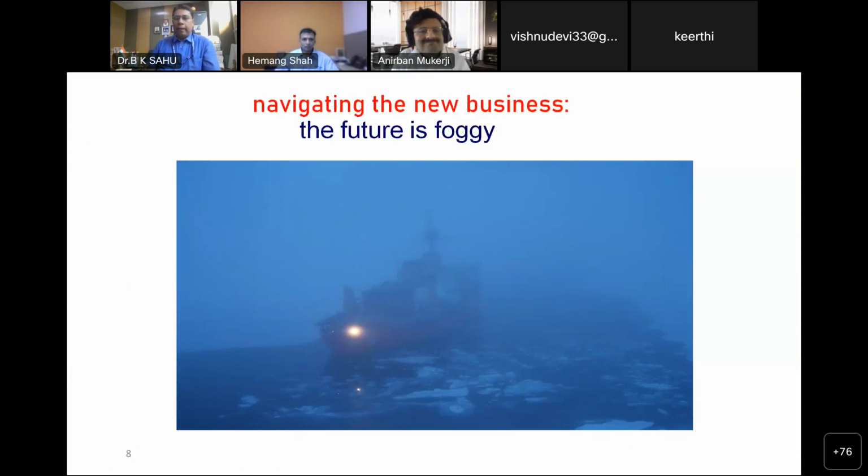Friends, navigating a new business, the future is foggy. We have seen many cases of plagiarism, infringement, biopiracy. Knowingly or unknowingly infringing others is the biggest damage to the institution, to the individual, to the nation at large. We are seeing it at bilateral level, multilateral level, and also at institutional and individual level. Many startups knowingly or unknowingly infringe IP, and they got caught, and there were issues of infringement.